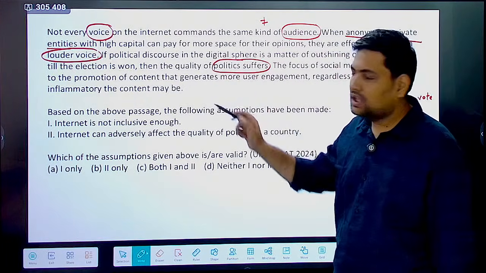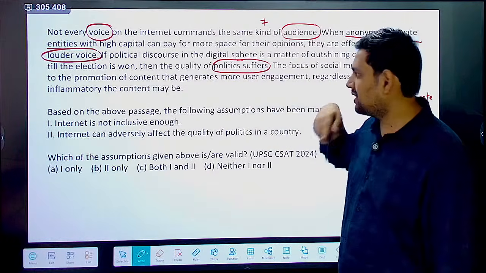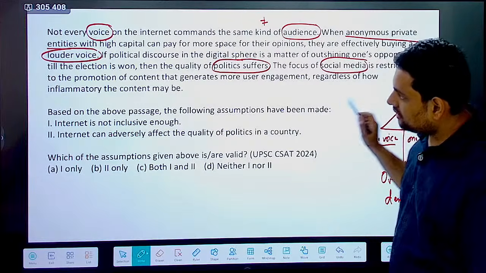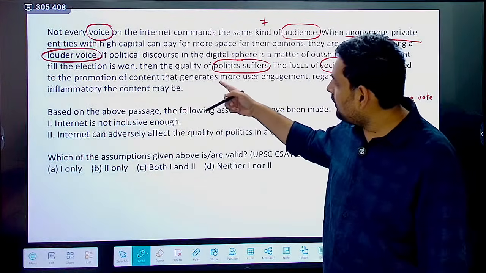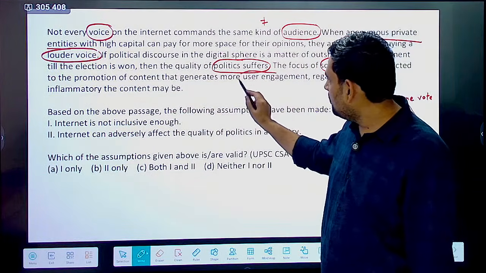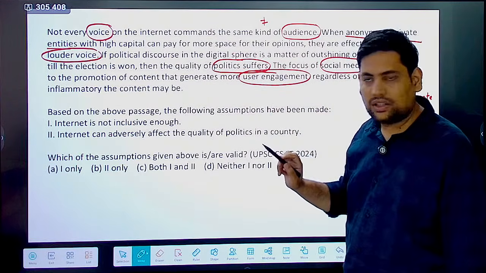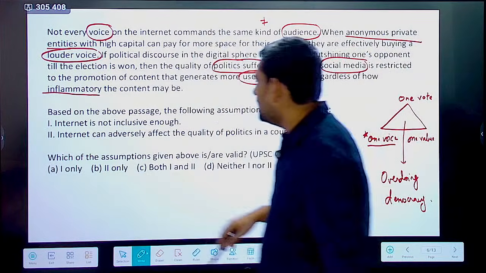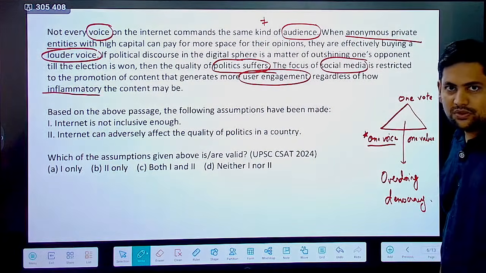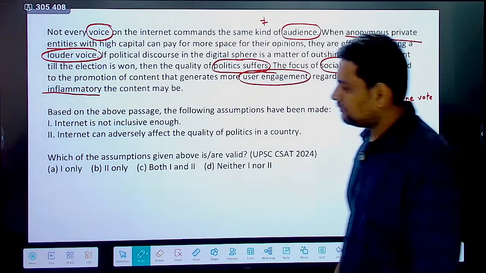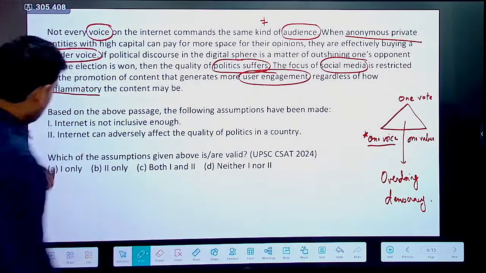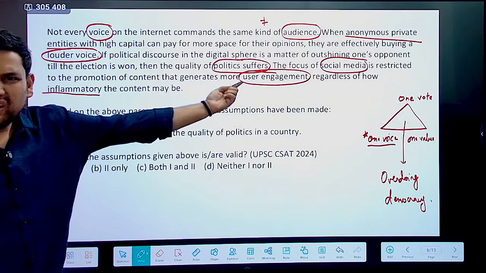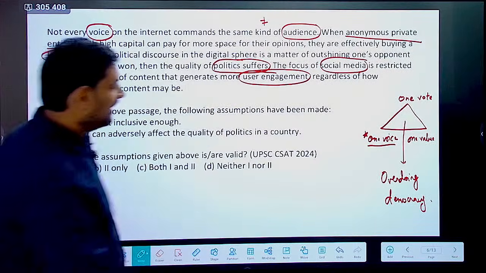The focus of social media is restricted to the promotion of content that generates more user engagement, regardless of how inflammatory the content may be. Understood? Now, the second statement: internet can adversely affect the quality of politics in the country. Politics suffers. Direct match. This is absolutely correct.